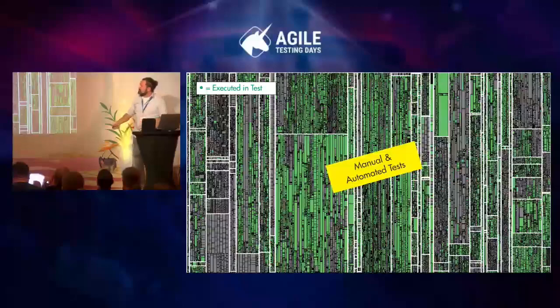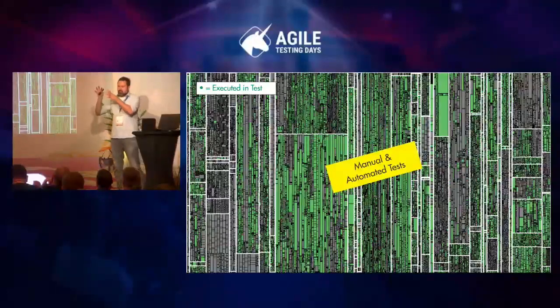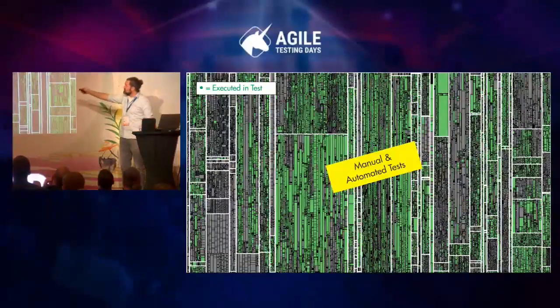For this system, with 1.5 million lines of C# code, there were automated tests, both unit tests and integration tests, and there was a test factory that performed manual regression tests for 3 weeks, with 5 people and thousands of test documents. And this is the aggregated test coverage. Gray means not executed in test, and green means executed in test.